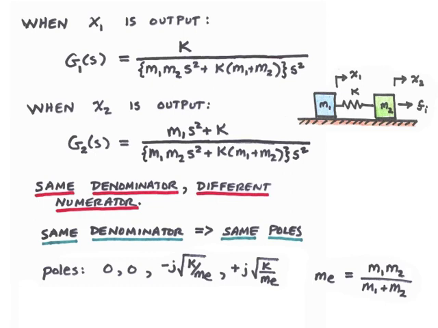So these were the poles for the transfer function between Fi and displacement of mass 2. They'll also be the poles between Fi and the displacement of mass 1. For g1, this transfer function has no zeros, but for g2, the zeros are plus and minus j square root of k over m1.